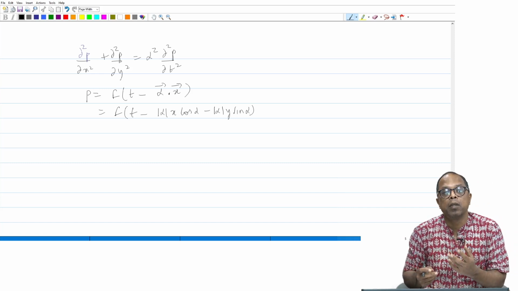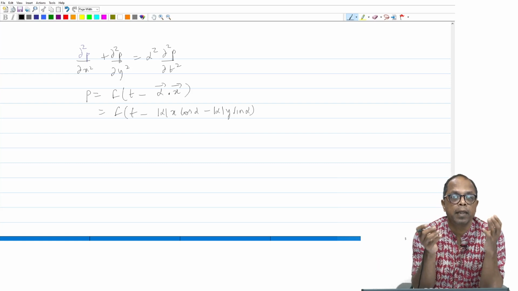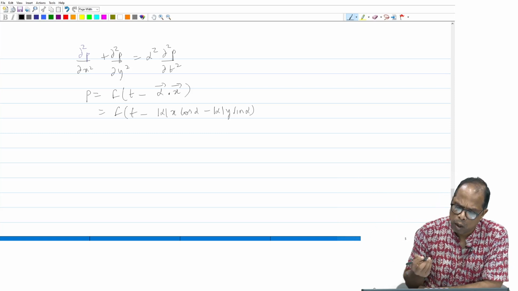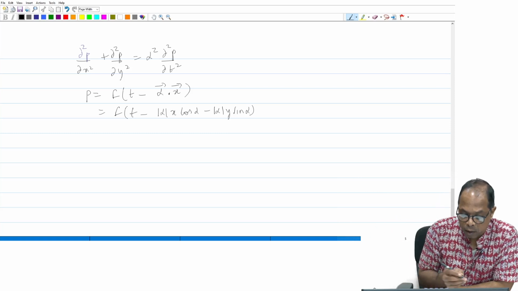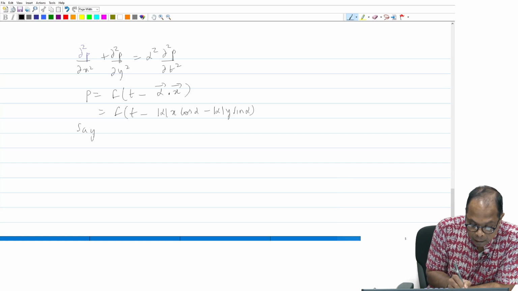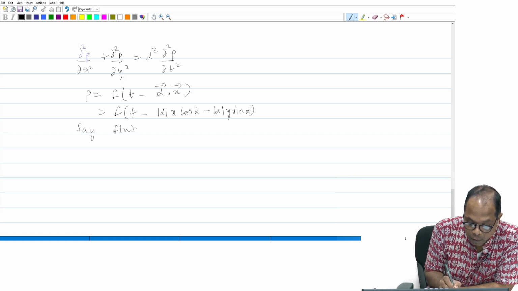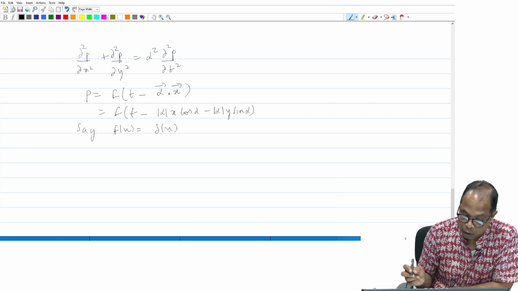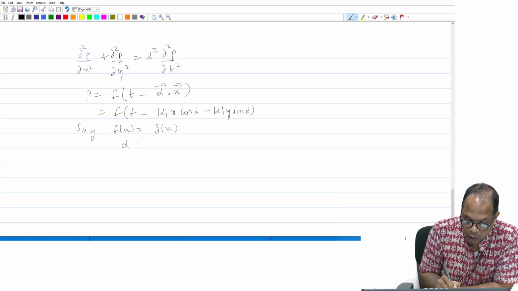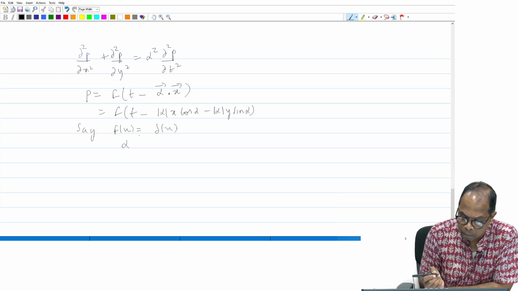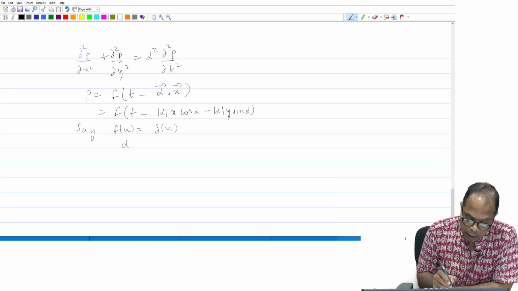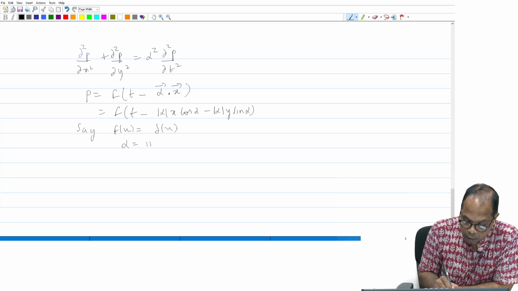So you have a slowness vector that has an x component and that has a y component. Now how would this look? Again, let's take the impulse function. F of u is delta of u. Let's assume that your alpha is pi by 4.